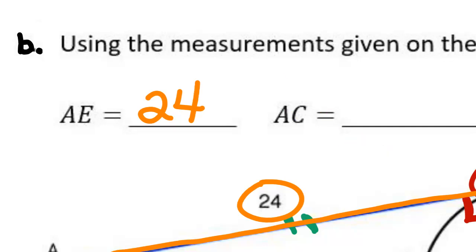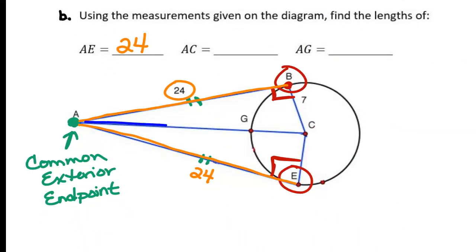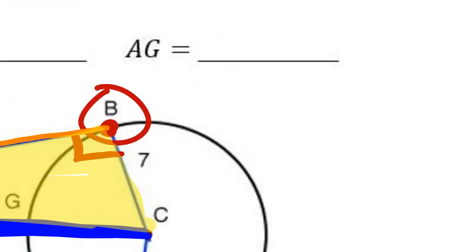Next thing we want to find is segment AC, which is this segment right here. What is this shape right here? A right triangle. Remember, we started off at the beginning by naming that right angle. And I want to find the length of AC. What can I use to find the lengths of sides of right triangles? Pythagorean theorem, yes.